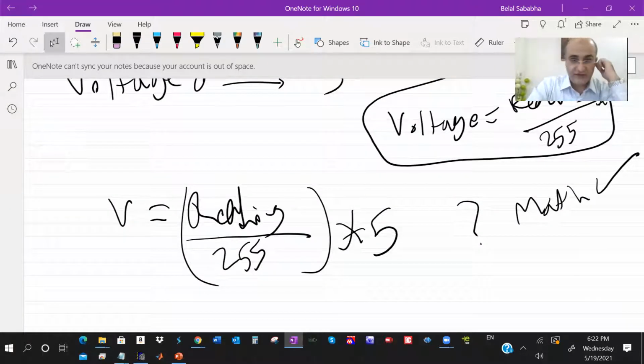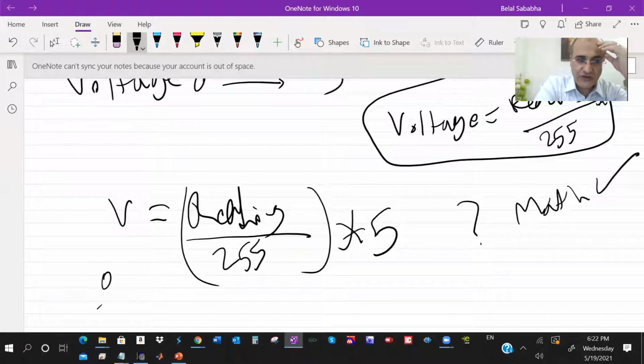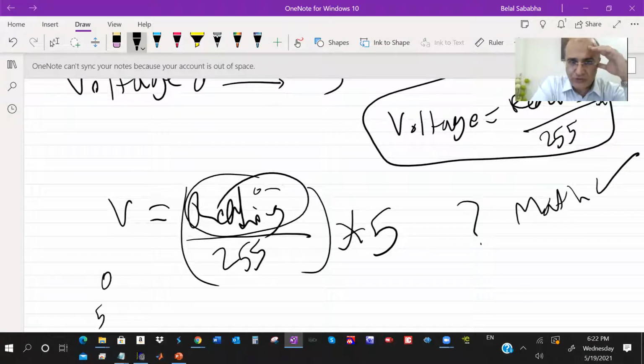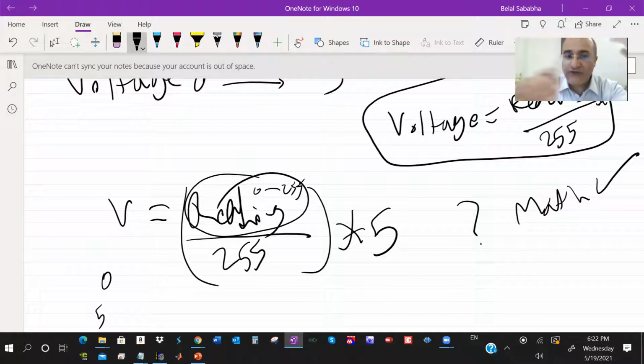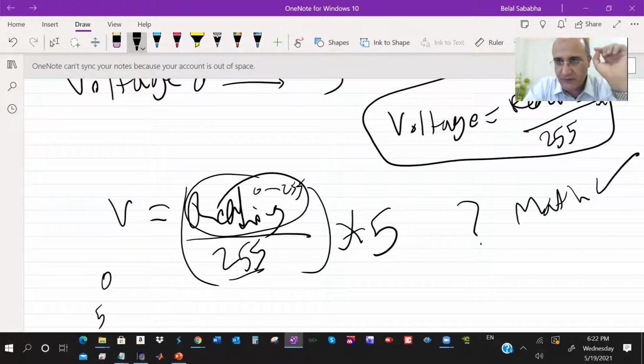So if you do this in your code, you will find that your reading is always either a 0 or a 5. Why? Because your reading here is always a number between 0 to 255, right? Anything from 0 to 254 divided by 255 is going to be a fraction, point something. And we're using integer math.